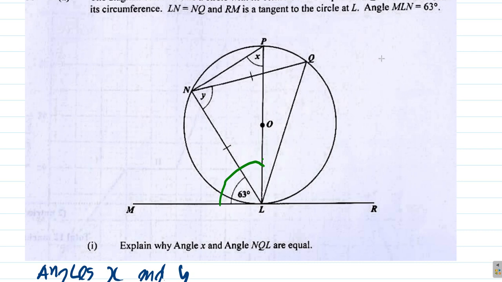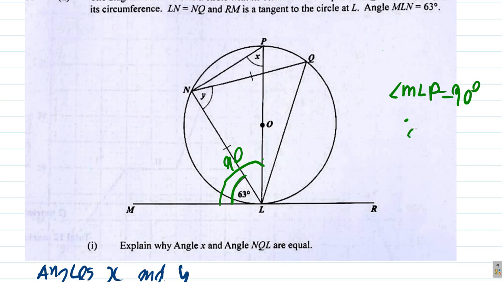All right. So what we know so far is that MLP equals 90 degrees.